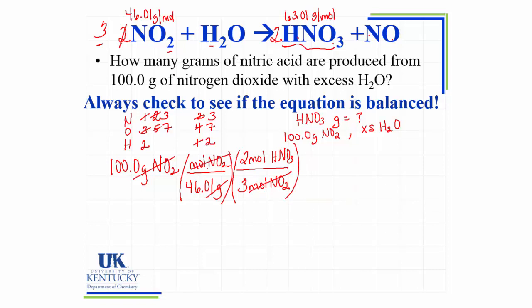And if I stopped here, I'd have moles of HNO3 as my answer, but I don't want moles of HNO3. I want grams of nitric acid, or grams of HNO3. So I need to do one more step to get from moles of HNO3 to grams of HNO3. And again, I'm going to use my molar mass, this time for the HNO3, and I know it's 63.01 grams per mole of HNO3.